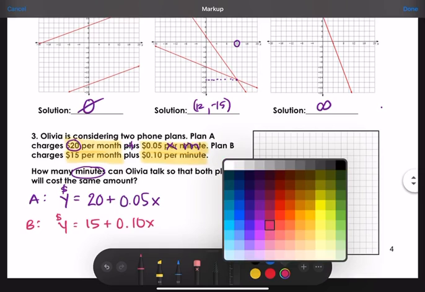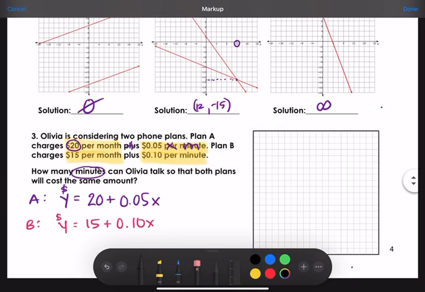So I'm going to talk about the scale of this graph. When I first did this, let's first look at what these slopes are. So these are in the form mx plus b. This is my intercept. And then this is mx plus b. So the first thing is these slopes look a little funny because they're decimals.